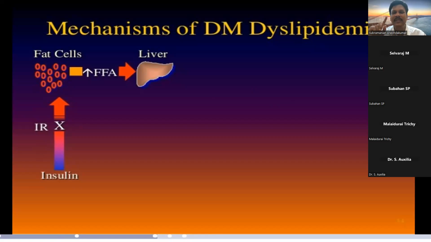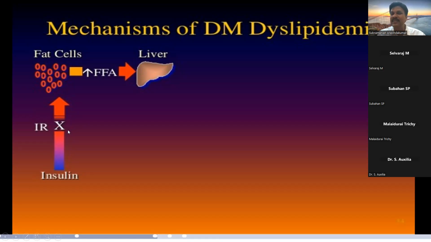Hormone sensitive lipase depends on insulin. If more insulin is there, it acts on lipoprotein lipase and inhibits it, so the fatty acid is utilized for energy. Lipoprotein lipase is also directly acted upon by insulin.